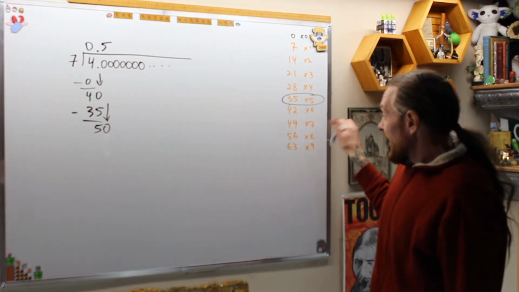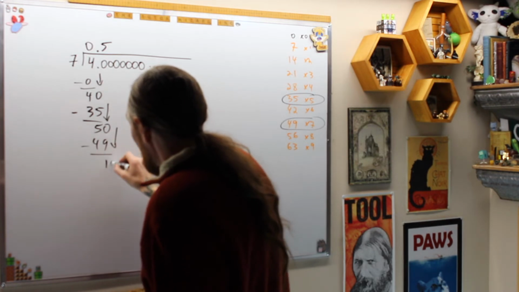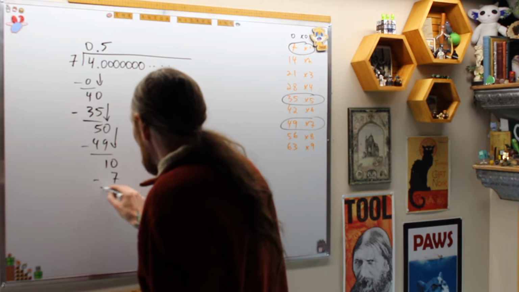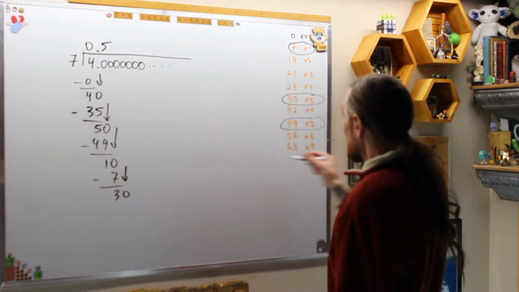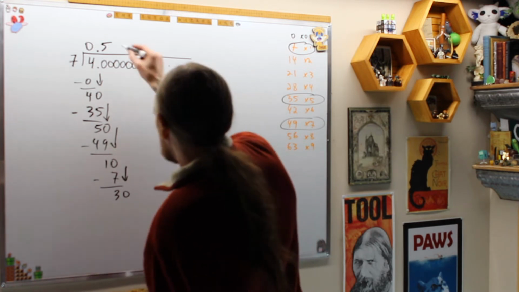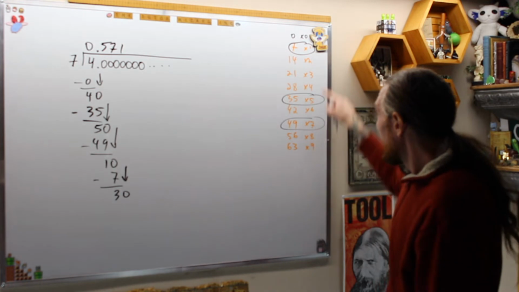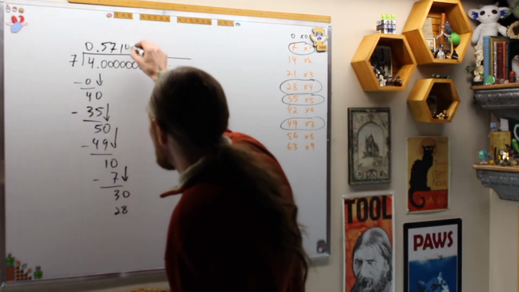50 is going to be 49. I subtract, I get 1, bring it down, I get 10. 10 will be 7. Subtract, I get 3, bring the 0 down, I get 30. Oh, I didn't write my numbers down. So this would be 5, 7, 1. 30 is going to be a 4, which is 28.